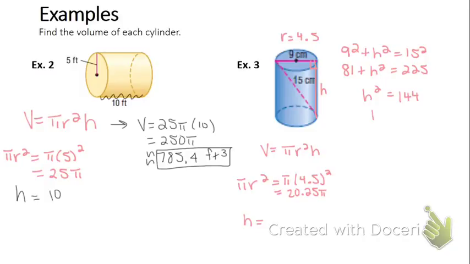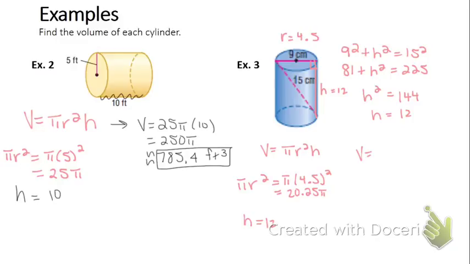Is it 12? So we have a height of 12. Remember how we had to use the Pythagorean theorem sometimes when we were doing the prisms and pyramids last week? Obviously, the Pythagorean theorem is something you need to know for this next test. We've used it a lot.